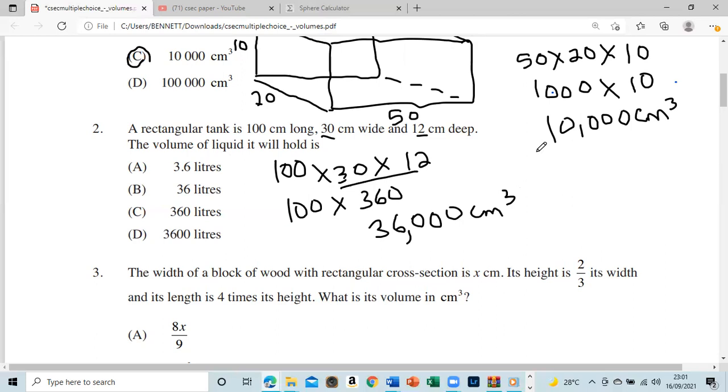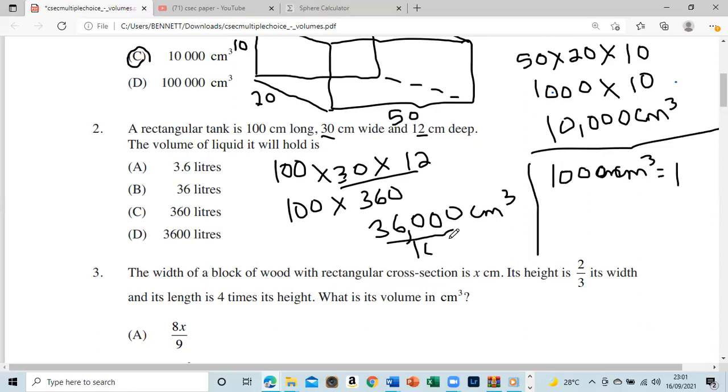And guys, it's so important. Please know your primary school: 1000 cm³ equals 1 liter. So in order to convert this, we have to divide by 1000.